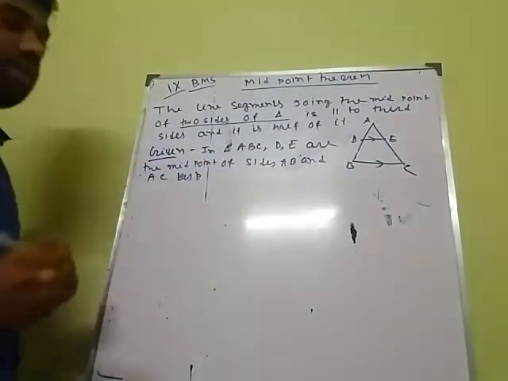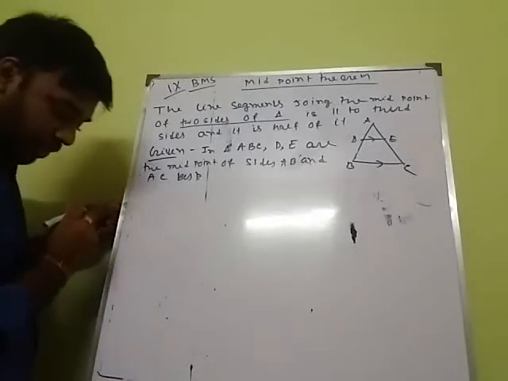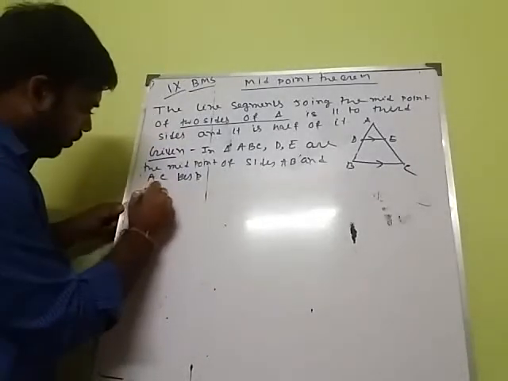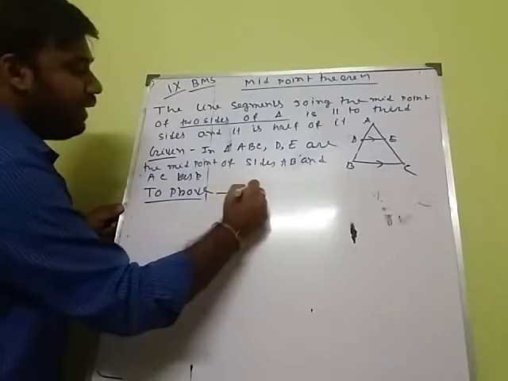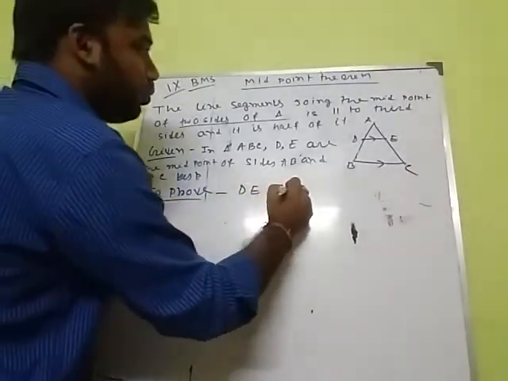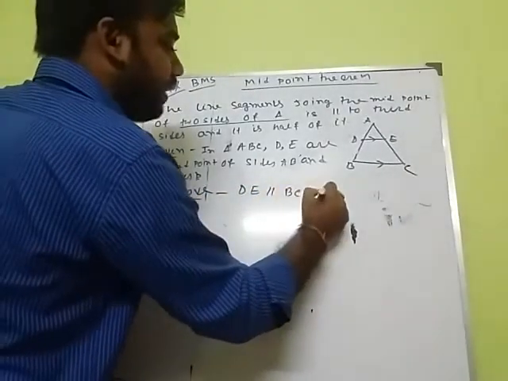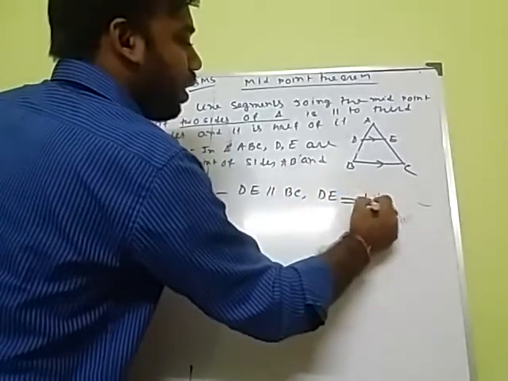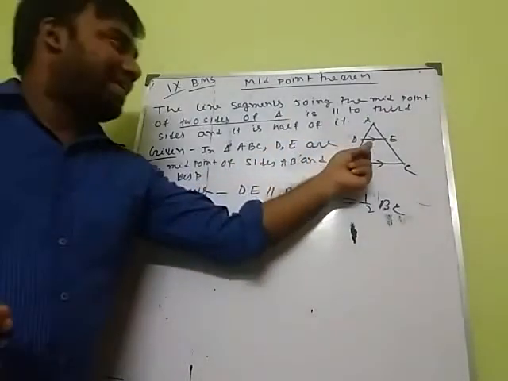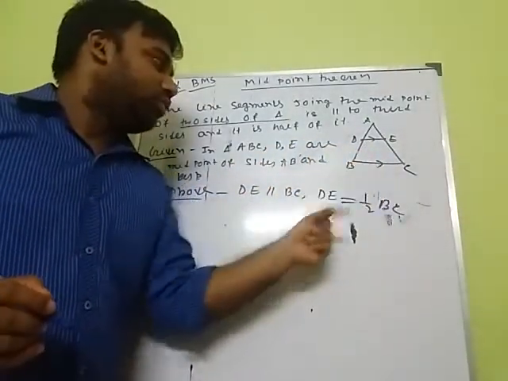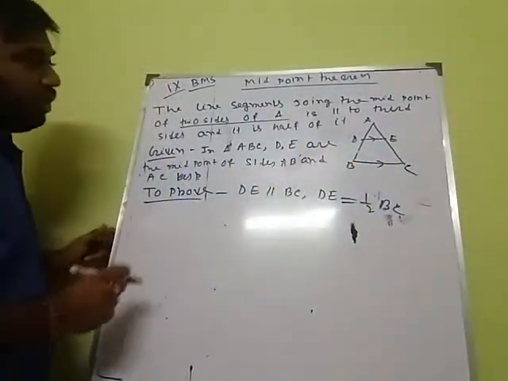Okay, that is given. What do we have to prove? We have to prove that DE is parallel to BC and DE is equal to half of BC.